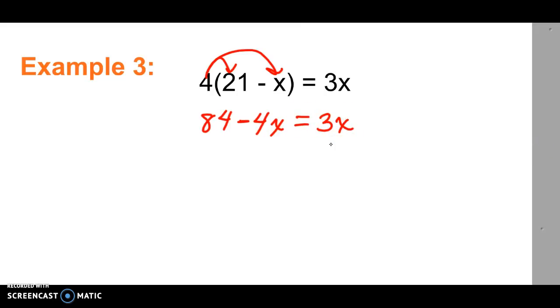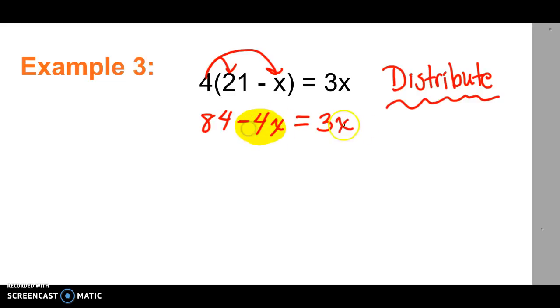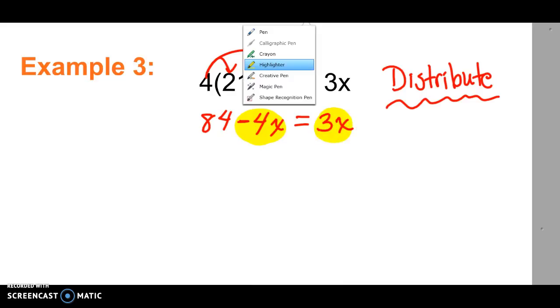So for this one, first thing you want to do is distribute. Anytime you have parentheses, just like that PEMDAS that you learned, get rid of the parentheses first, use the distributive property. Now identify your variables. I have a negative 4x on the left and a positive 3x on the right.